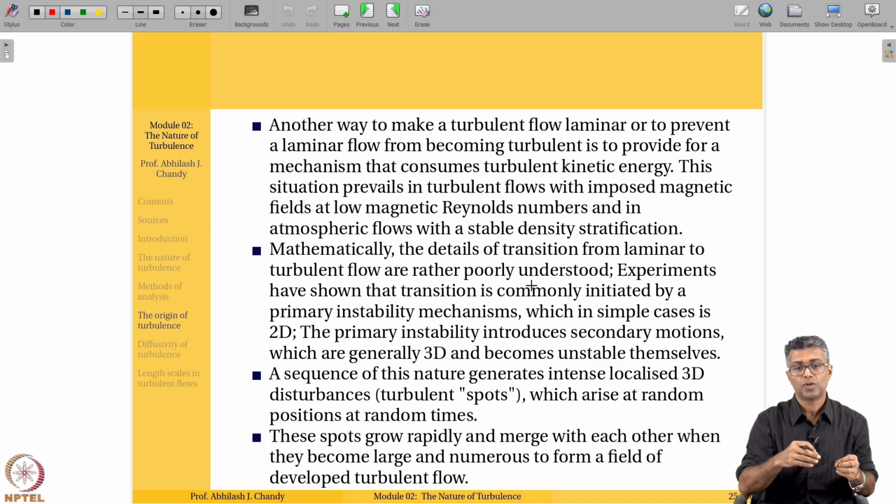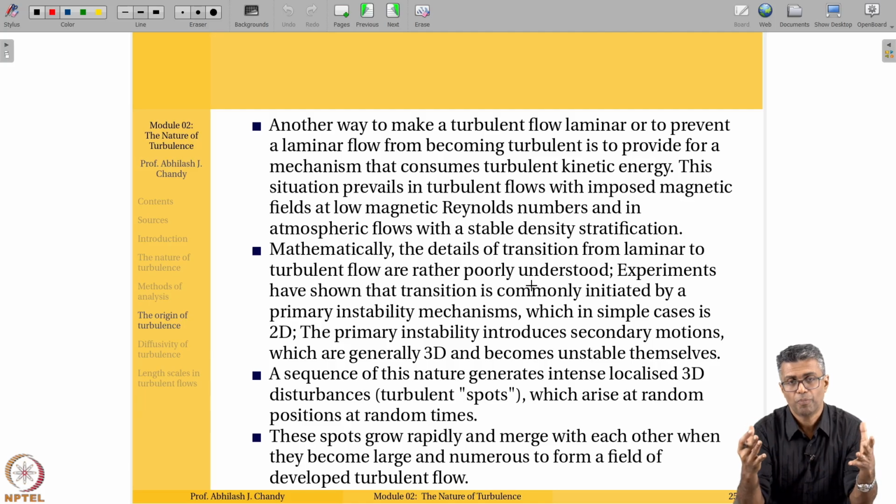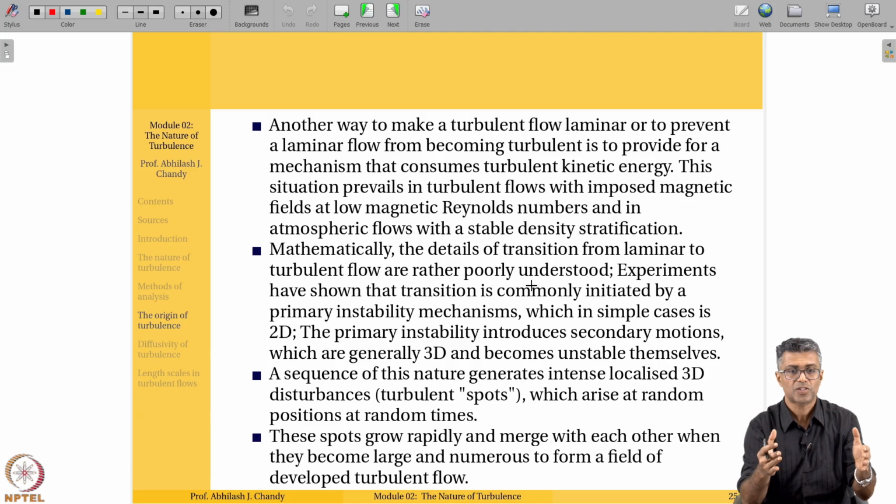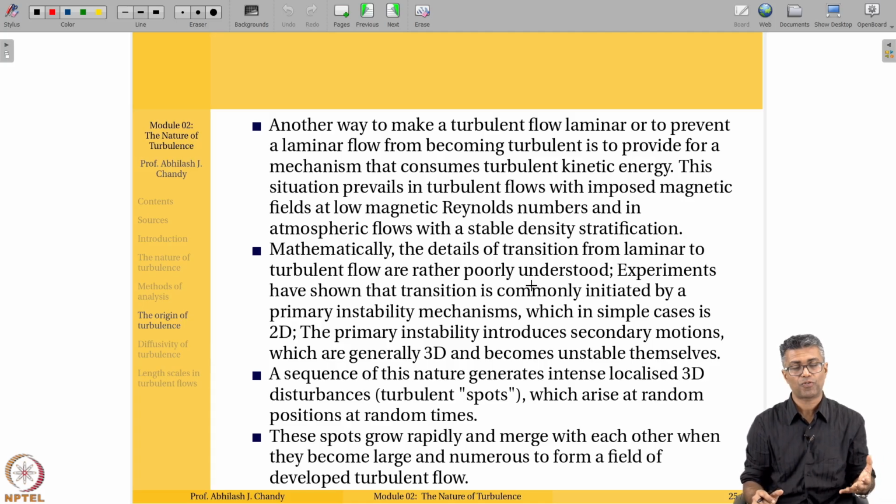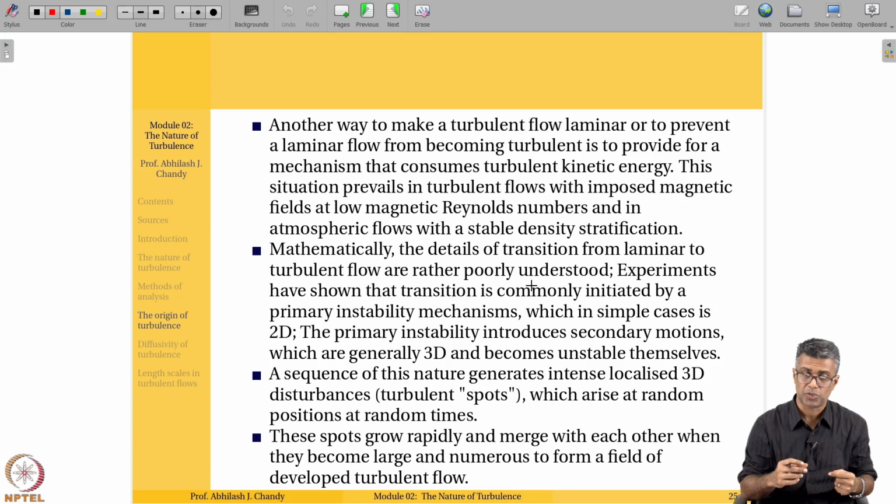These spots grow rapidly, merge with each other, become large, and eventually lead to the formation, or the development, of a turbulent flow. So that is the origin of turbulence. It starts from laminar flow, then there are instability mechanisms. For example, in a pipe flow or in a boundary layer flow, as in flow over a flat plate, there are instability mechanisms due to the velocity gradient.